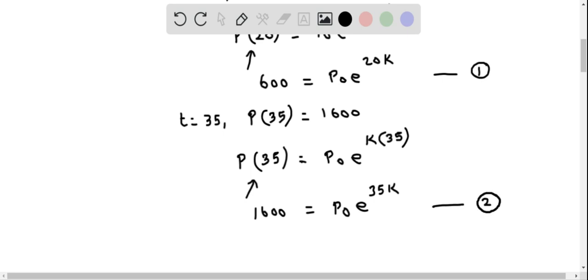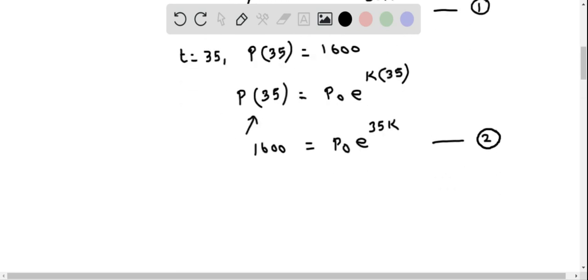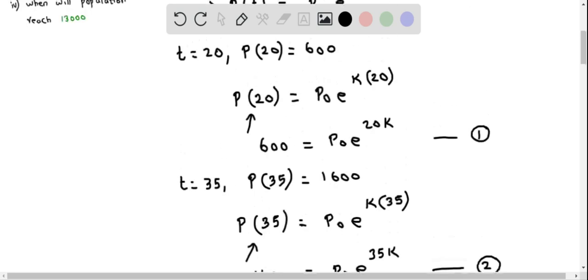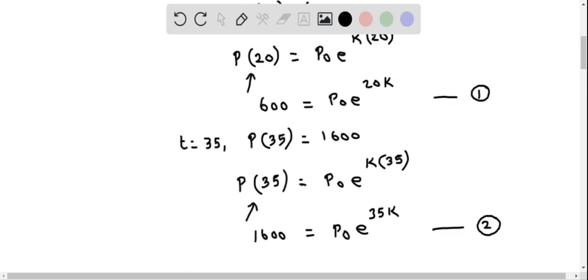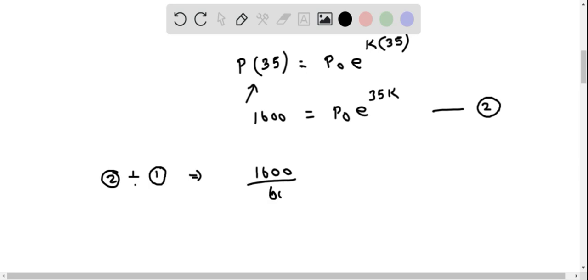Now we can divide equation 2 by equation 1 to solve for k. We divide the corresponding sides. The left side of equation 2, which is 1600, is divided by the left side of equation 1, which is 600.